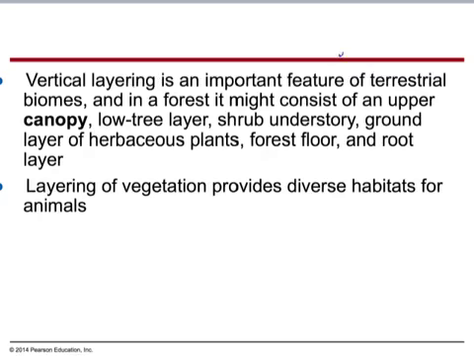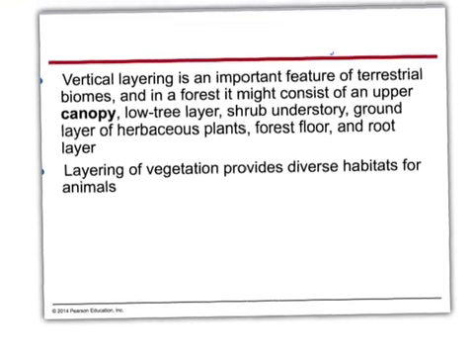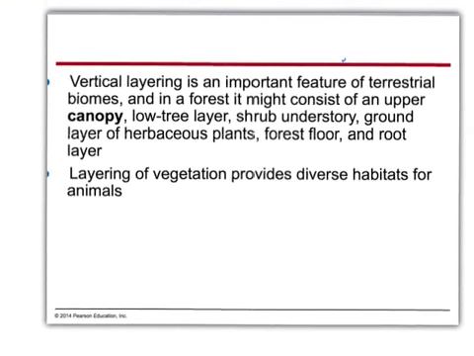Vertical layering is an important feature of biomes. Not only depending upon temperature, but also the amount of light that gets to the forest floor. This is very important in tropical rainforests, where you have very tall trees that are looking for lots of light, so they end up producing what's called a canopy.